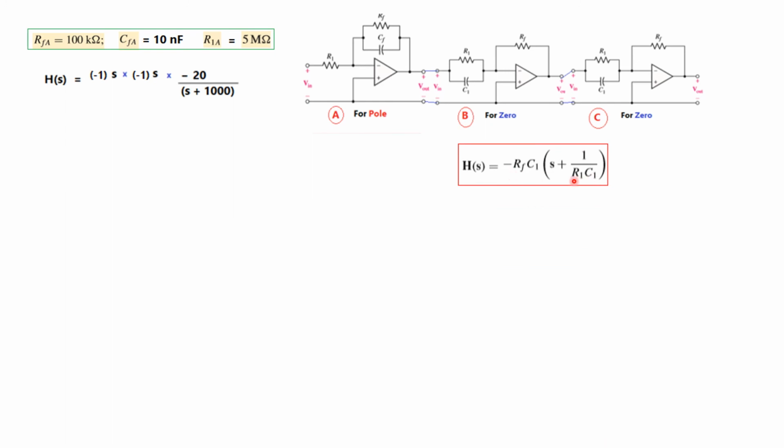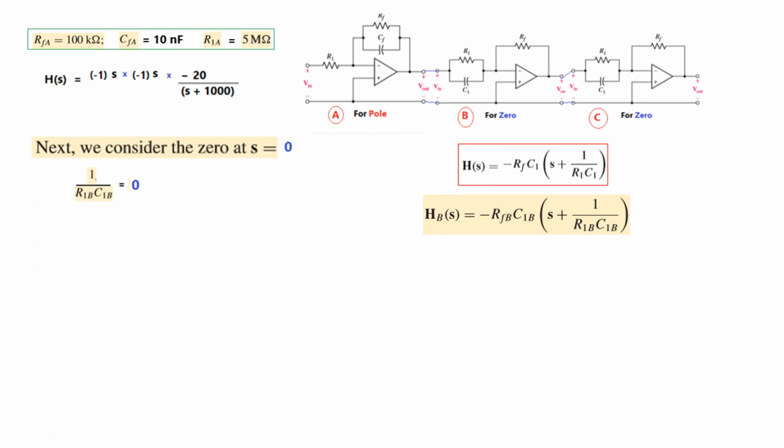This is the formula for zero. And in terms of circuit B, we can write it like this. Comparing with this, since this is s, s equal to 0 is the zero point, and therefore we can write that this term is equal to 0. Now here, instead of assuming resistance, we'll assume capacitance, because the resistance will go very high.